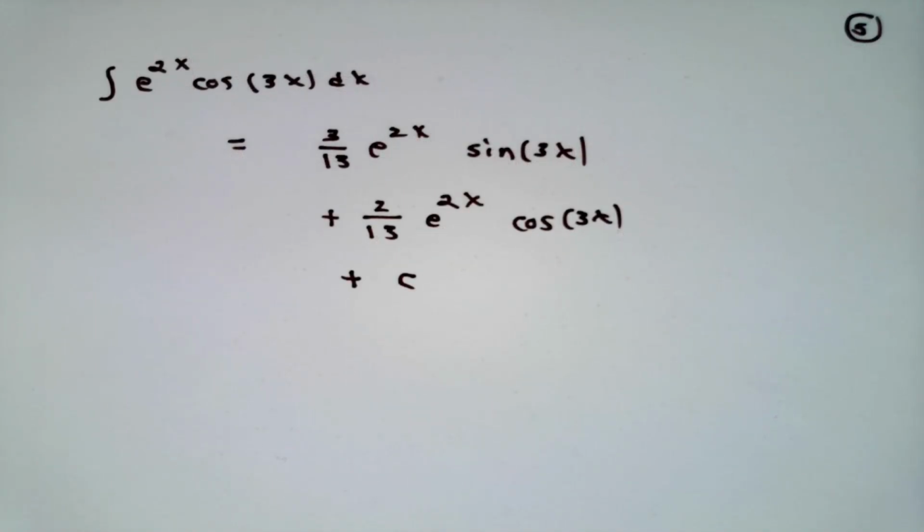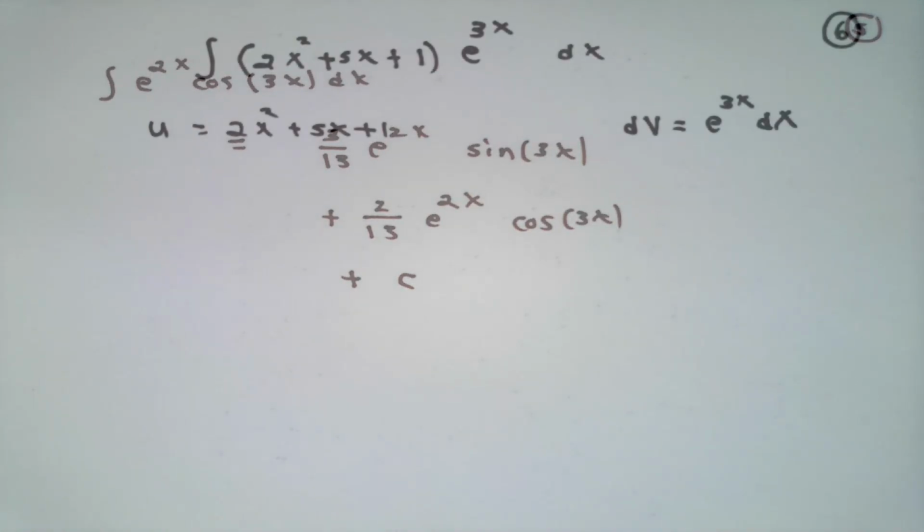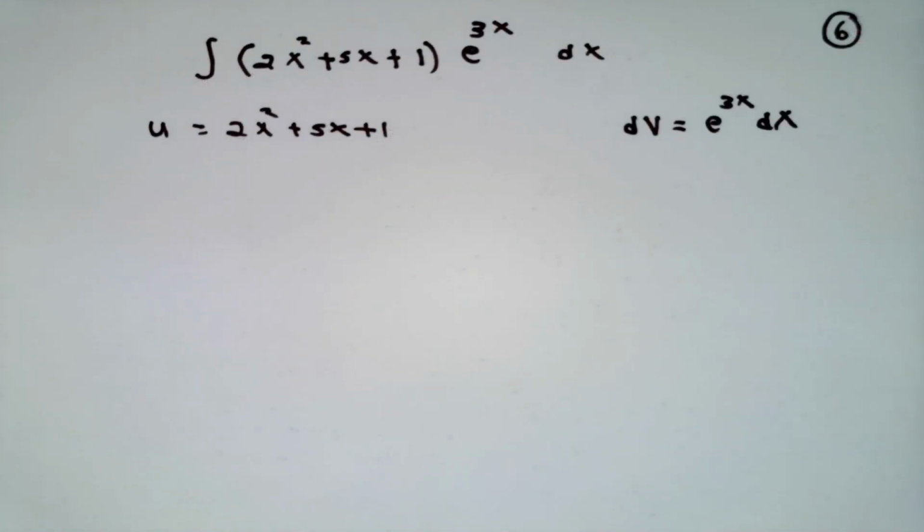Lastly, I want to introduce what's called the tabular method. This method works especially well if you have a problem in which you're integrating a product of two things, one of which is a polynomial and the other one of which is easy to integrate over and over again.